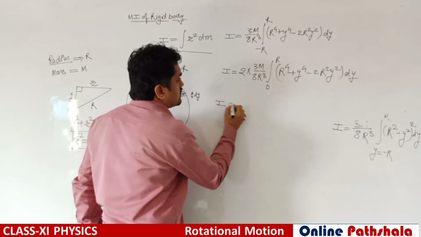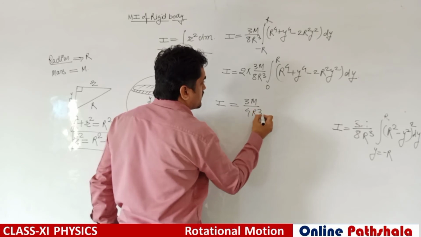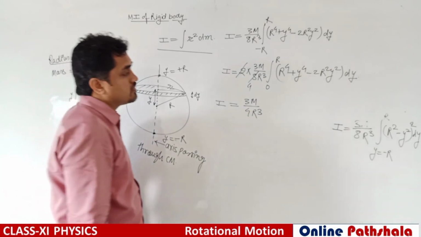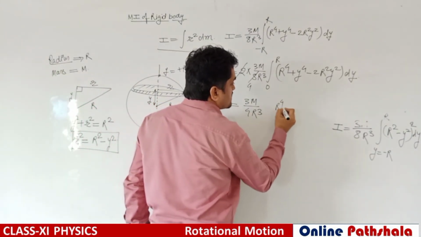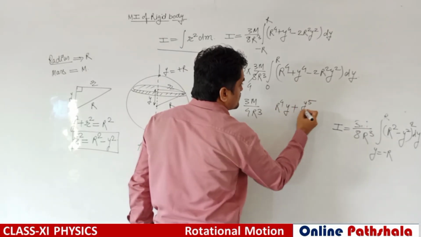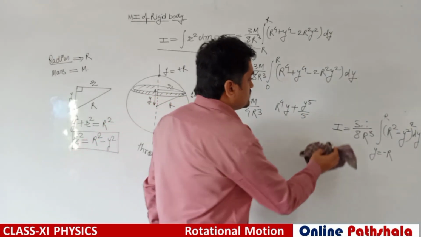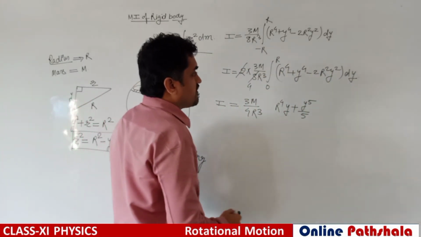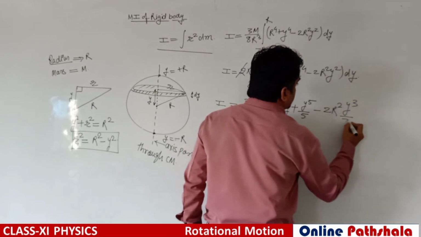So, it will become 3 M by 4 R cube, this 2 and 8 will cancel by 2 and we will get 4. R raised to power 4 having integration R raised to power 4 into y, and y raised to power 4 having integration y raised to power 5 by 5, minus 2 R square y raised to power 3 by 3.